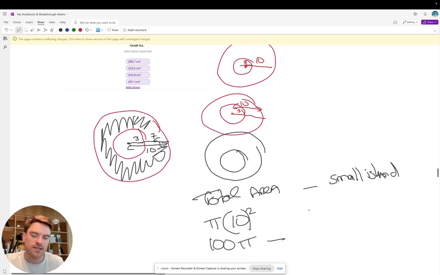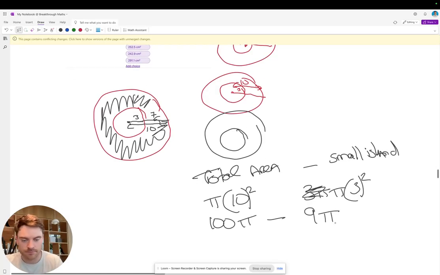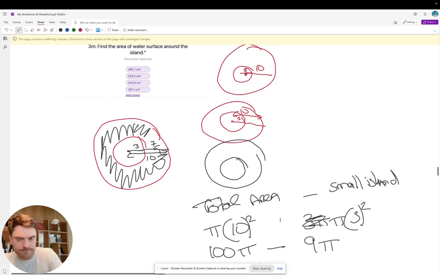Take the small island: r is 3, so pi r squared is 9 pi. So it ends up being 91 pi. Put that into your calculator and you're going to get 285. And that's it done.